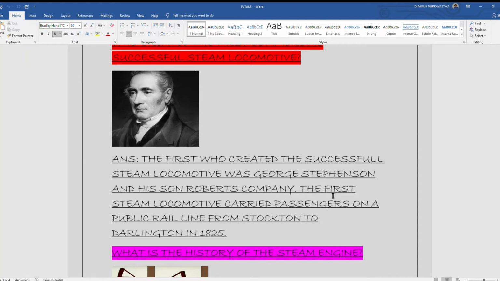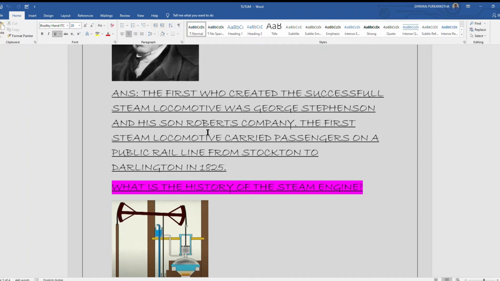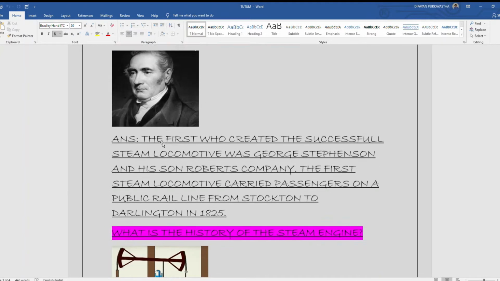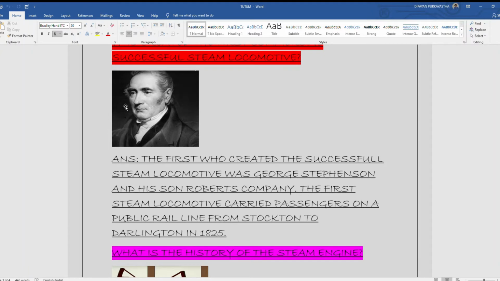As I told you, the first steam locomotive carried passengers on a public rail line from Stockton to Darlington in 1825. So this is the answer and the picture of George Stephenson is given here also.